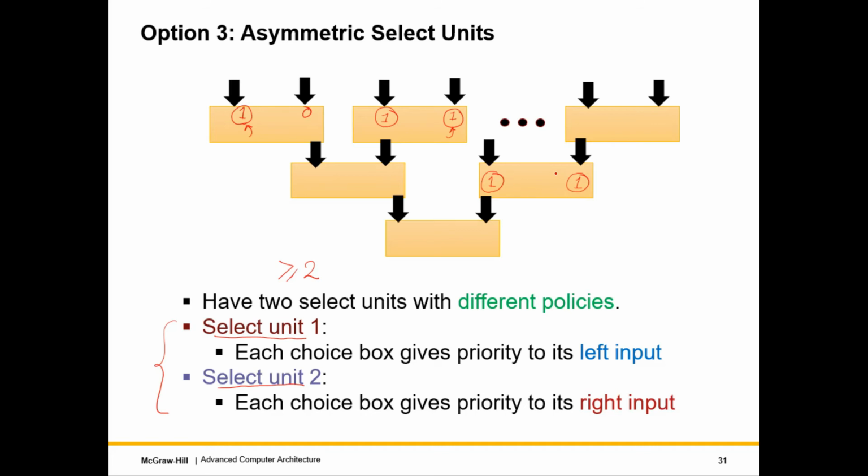So this can of course be proved for more than 2 inputs that are set to 1. It doesn't make a difference. This is a general result and can be proven. So this is a rather fast method of designing parallel select units. We'll essentially have two, one like this and one more like this. This gives priority to the left input and this gives priority to the right.